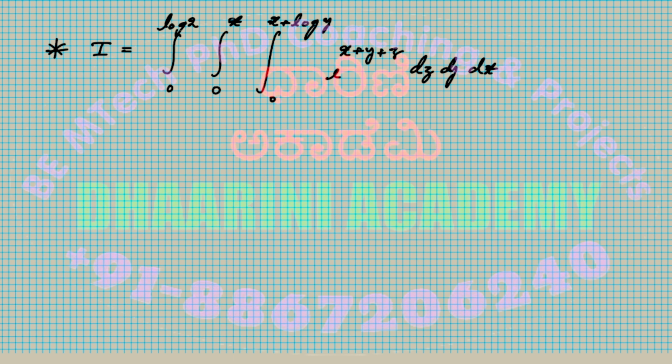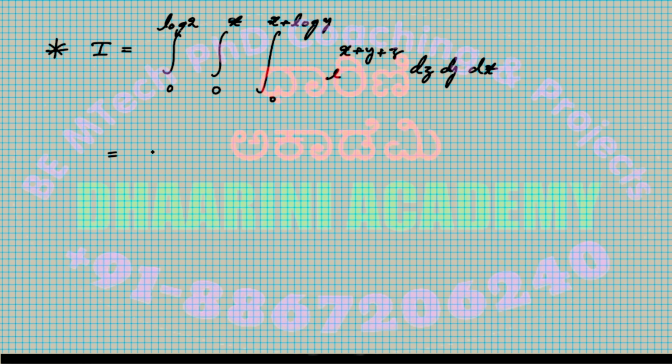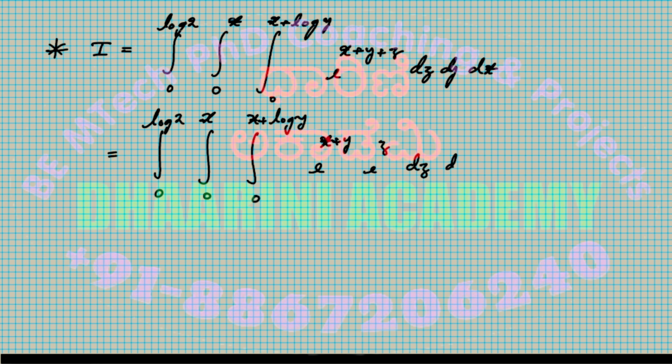So okay, we'll try to write in this way first. This is 0 to log 2 integral 0 to x, integral 0 to x plus log y. We'll split x plus y into e to the z. So dz dy dx, out of it e to the z dz I can substitute, right?